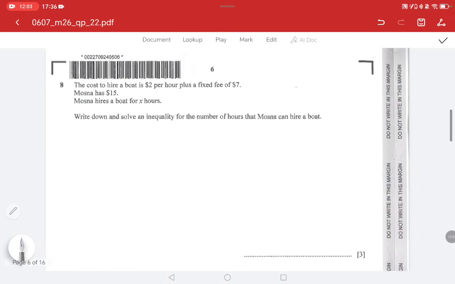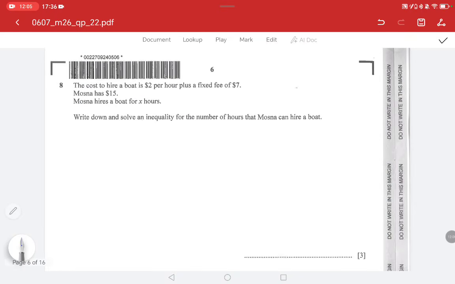Next one. The cost to hire a boat is $2 per hour plus a fixed fee of $7. Musna has $15. Musna hires a boat for X hours. The question is, write down and solve an inequality for the number of hours that Musna can hire a boat.